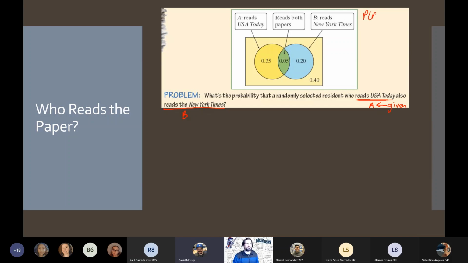Something else useful is let's just have our probabilities here. These are the three possible probabilities we might need: probability of A, probability of B, probability of A intersection B. Based on this Venn diagram, can someone tell me what is the probability of event A?